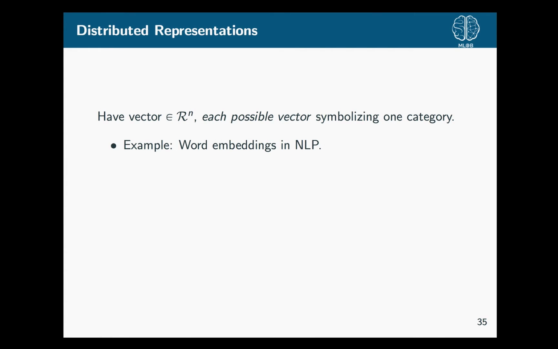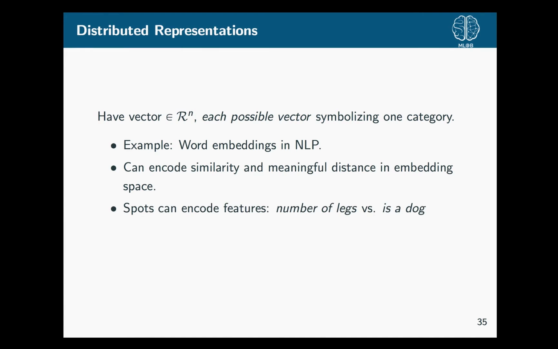You want to build, for example, word embeddings, such that you can map a word to a vector, and all of this vector space is parameterized to be all of the possible words. Now in this idea, you can encode similarity and distance measures between different representations.